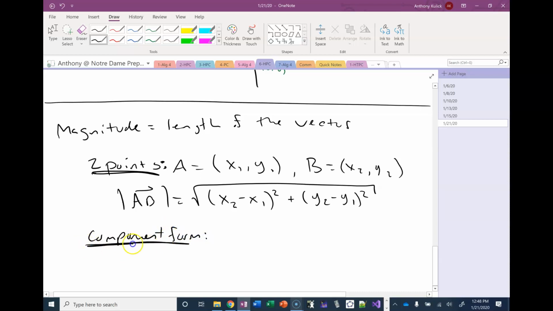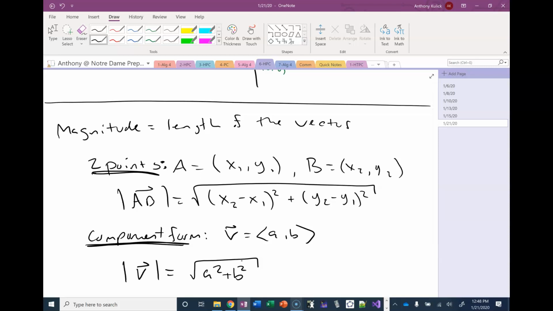If we have a vector in component form, what does this simplify down to? Yeah, basically, or you can think of it as my terminal point is AB.